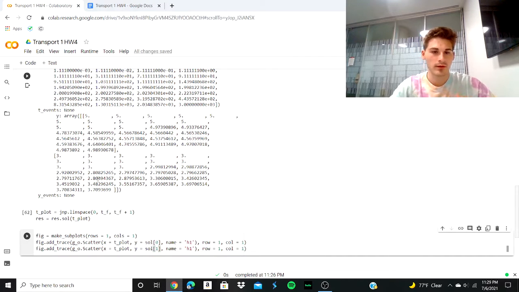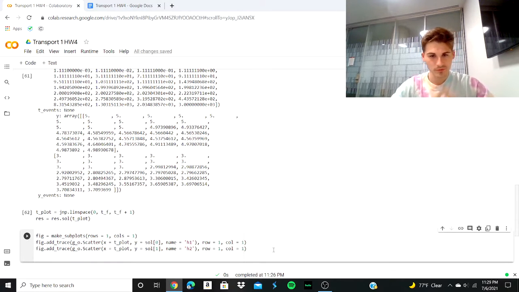So we're calling the heights of our second tank as they change with time. So H2. And then we do want 2 columns. In column 2 we're going to show how the flow rates entering each tank change with time.